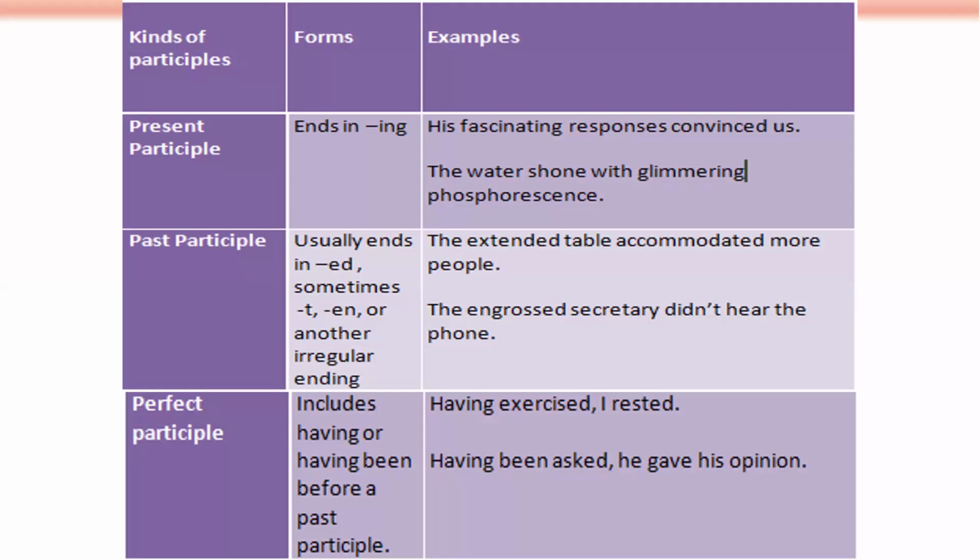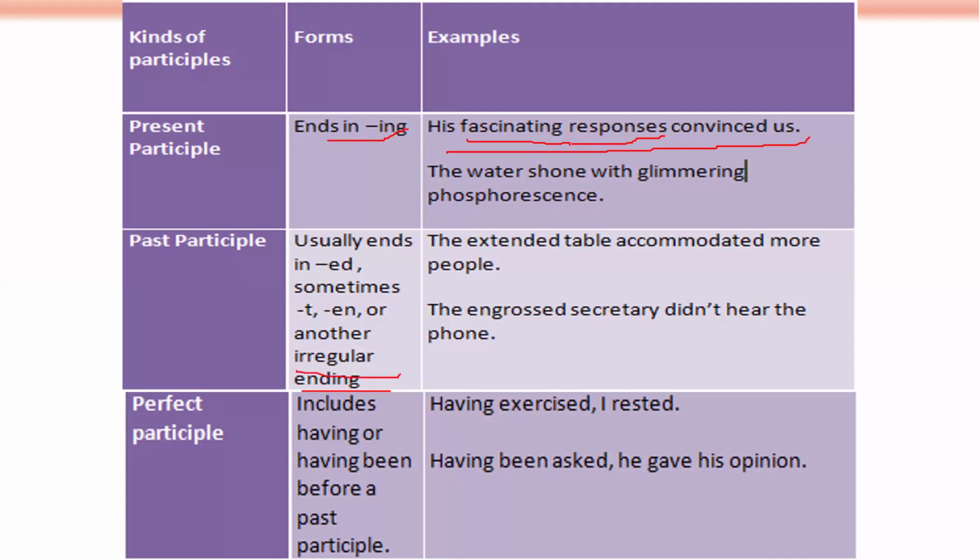The present participle ends in ing. For example, his fascinating responses convinced us. Present participle, fascinating. It is a word that modifies the responses. Okay? Past participle, they end in ed, t, or en. Or meron ding irregular endings.